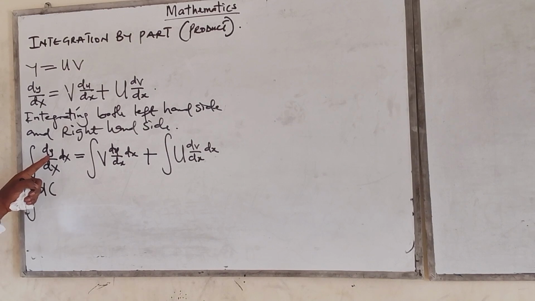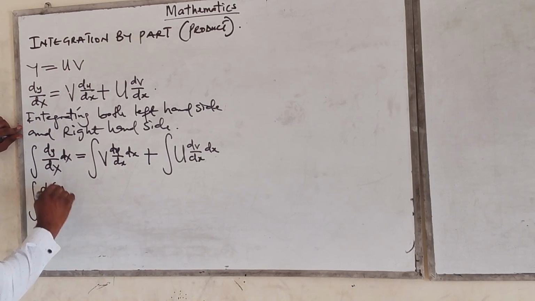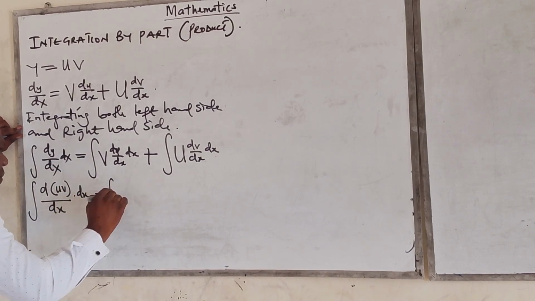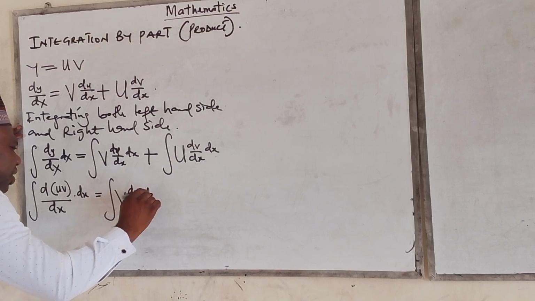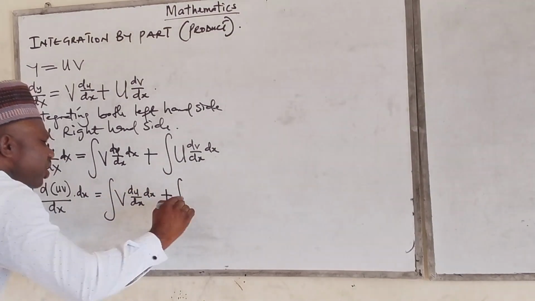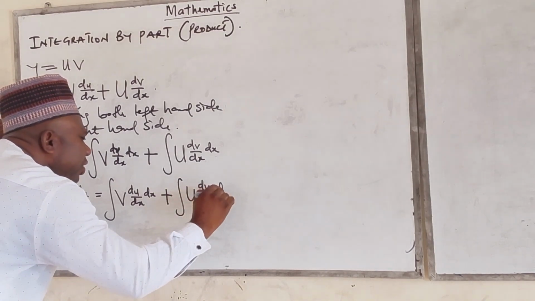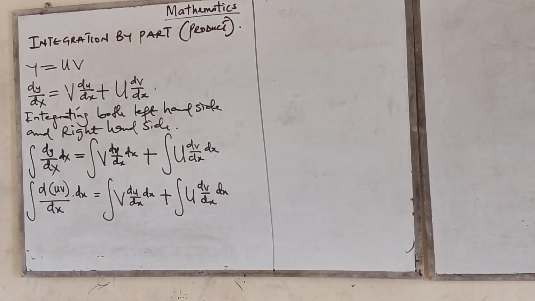Now, this is the same as saying integral d(uv)/dx dx, remembering that the value of y here is uv. So it is equal to integral v du/dx dx plus integral u dv/dx dx.